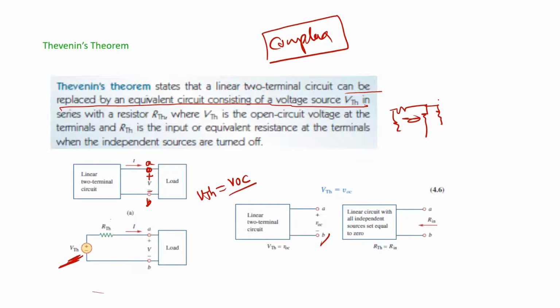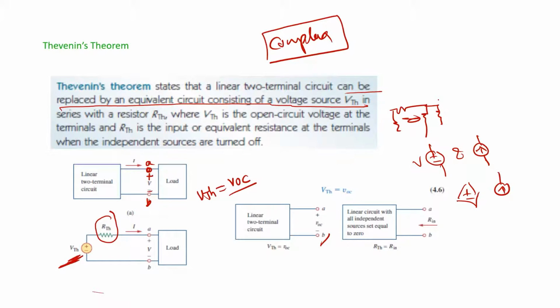And RTH is the input or equivalent resistance at the terminals when independent sources are turned off. Independent sources means a voltage source and a current source. Dependent sources are shown in a diamond shape.